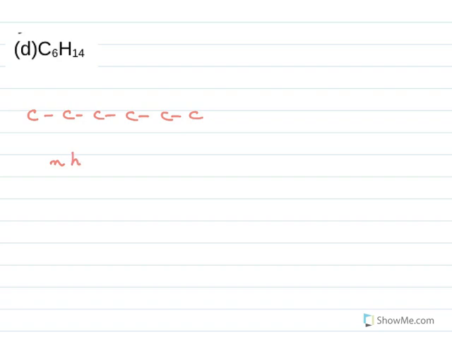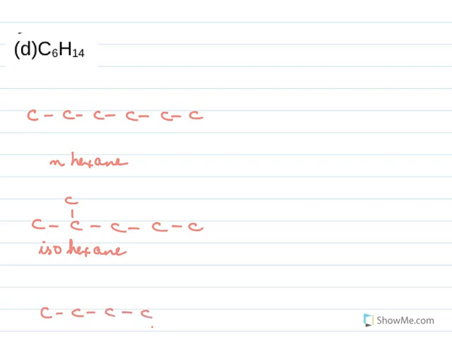I'll just tell you, in hexane, it could be 1, 2, 3, 4, 5, 6. This would be isohexane. Or it could be 1, 2, 3, 4, 5, 6. This would be neohexane.